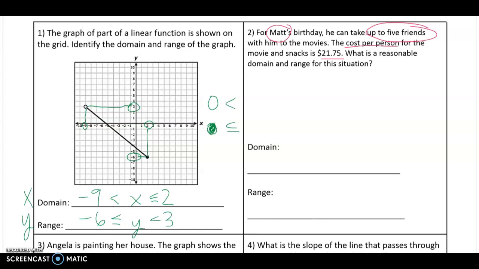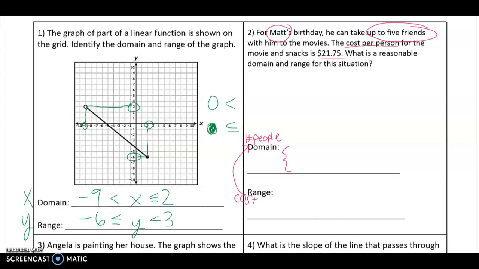So the first thing we need to note is that the range always depends on the domain. So the cost depends on the number of people. So that means domain is the number of people. And we would write it by listing the number of people because we can't have part of a person.